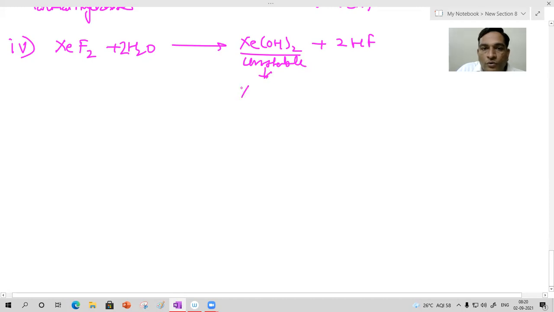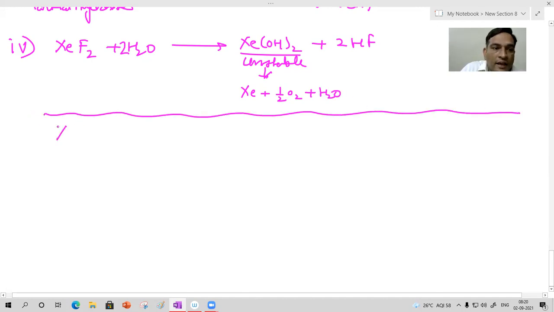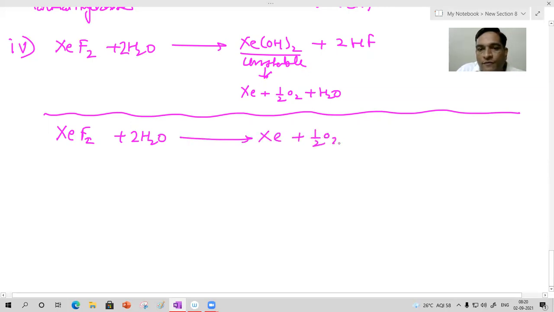It dissociates into xenon plus half oxygen plus H2O. If you add the full reaction, XeF2 reacts with twice H2O and gives xenon plus half oxygen plus H2O plus 2HF.